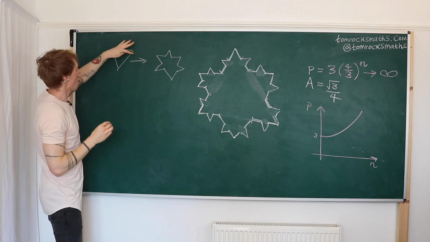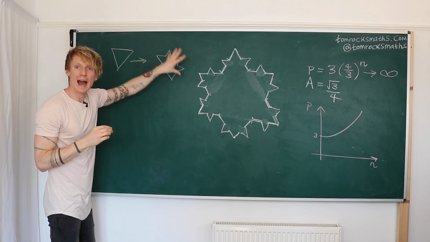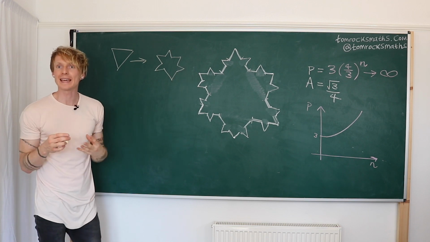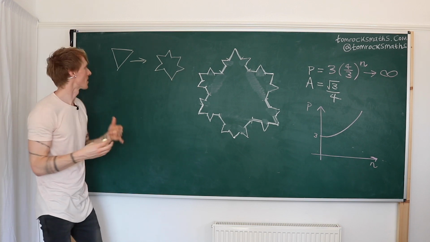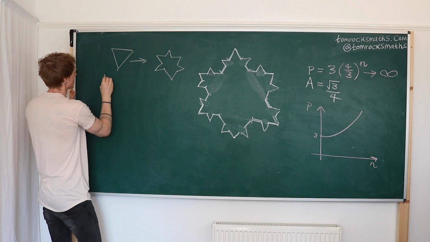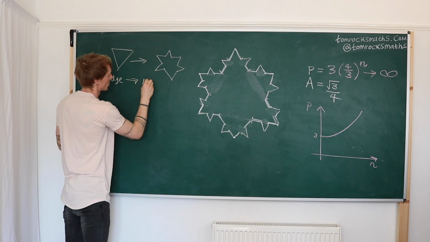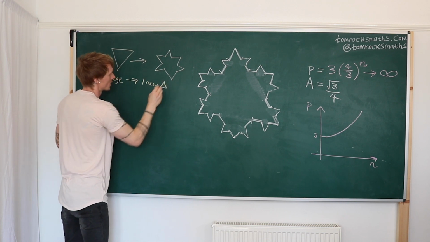So for each edge, what we are doing is adding one new triangle. And this is going to be key in our calculation for the area. So one edge gives one new triangle.